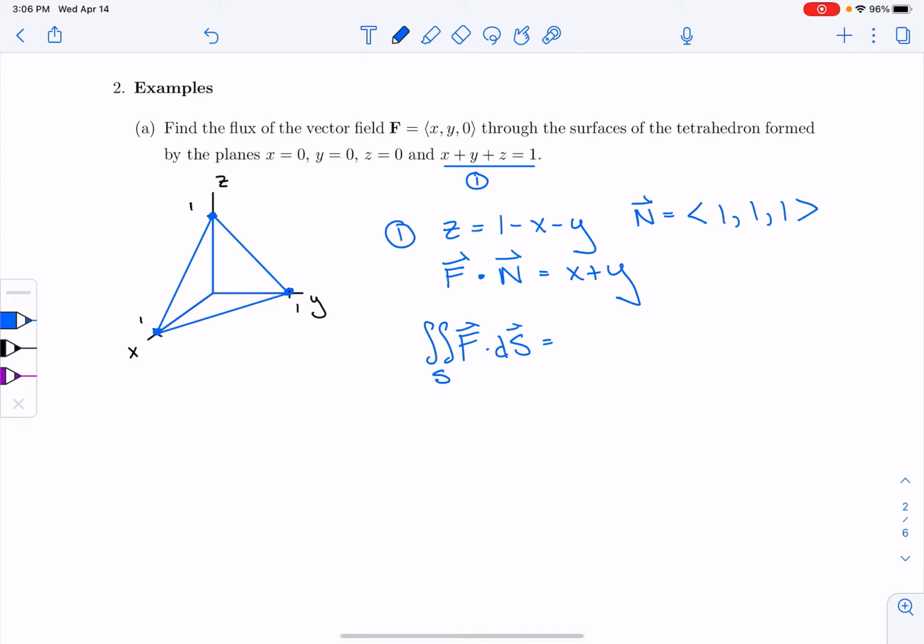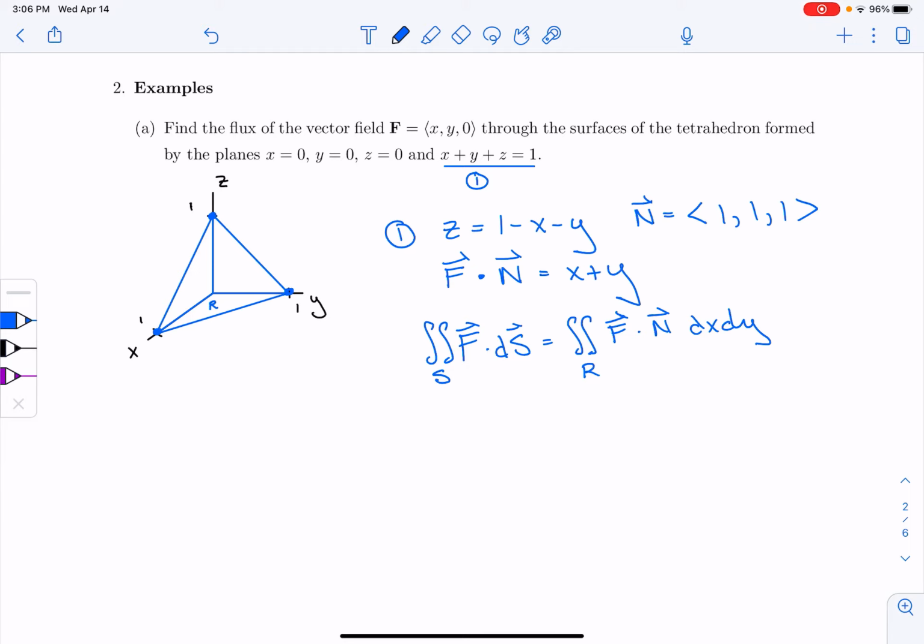And that's going to be, as we defined before, the double integral over my region, let's call this region R, of f dot n, which is f dot capital N, dx dy.